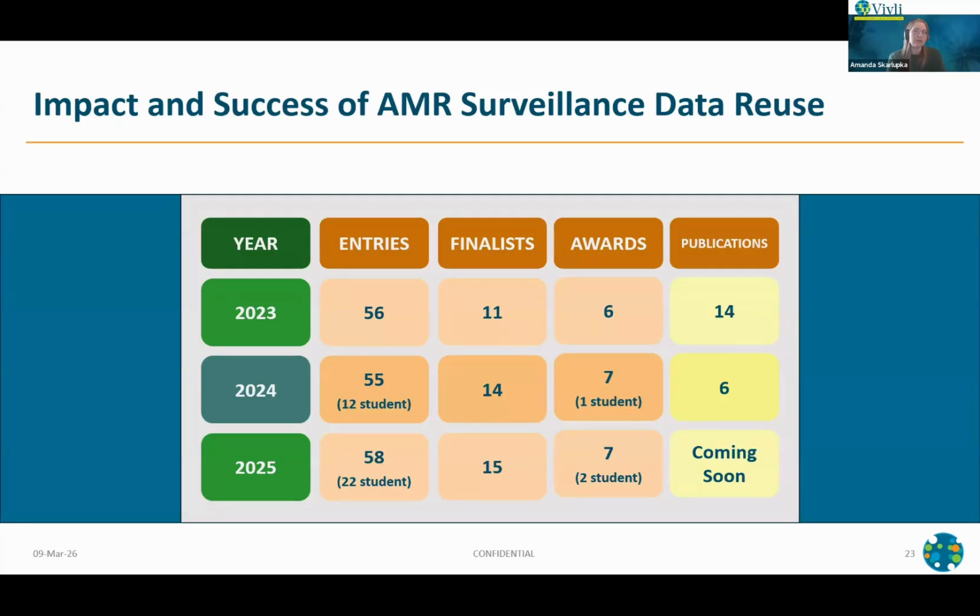The publications haven't been finalized for that yet, but I believe all of our awardees are traveling to ESCMID Global this year in Munich, Germany. So a lot of great outcomes and impacts coming from our data challenge participants.